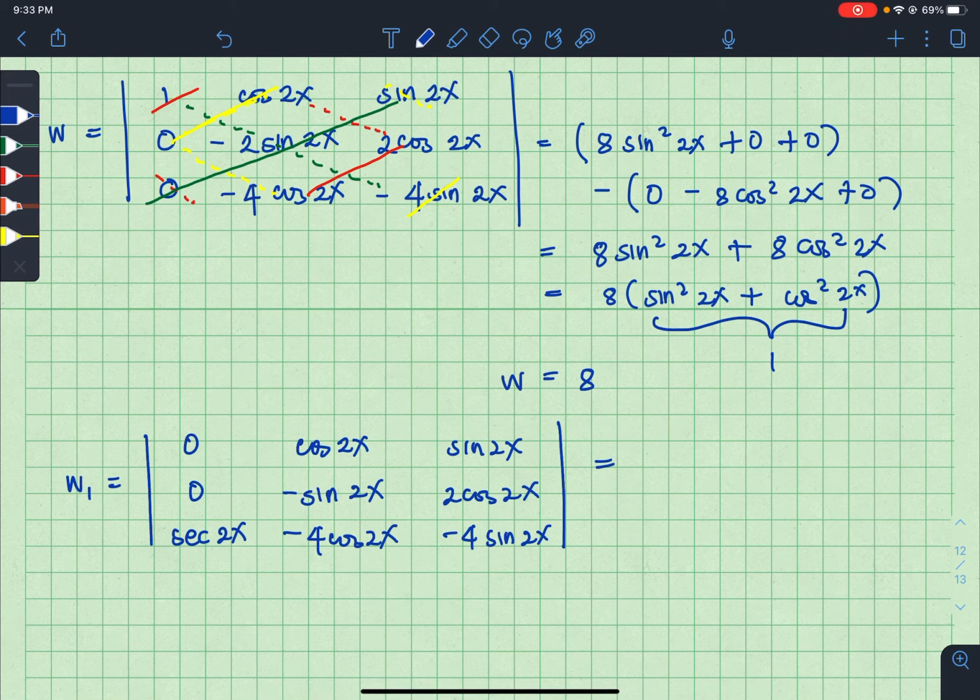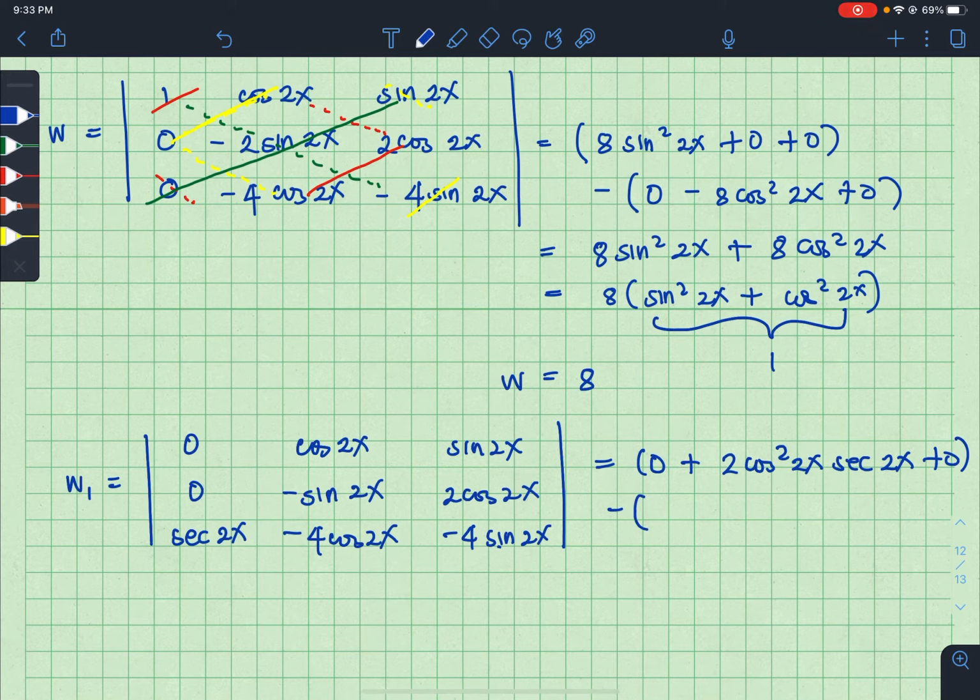So downward, we'll have 0, negative sine, negative 4. So that is 0. Cosine, 2 cosine and secant, I'll have plus 2 cosine squared 2x, secant 2x. And lastly, we'll have 0, so plus 0.